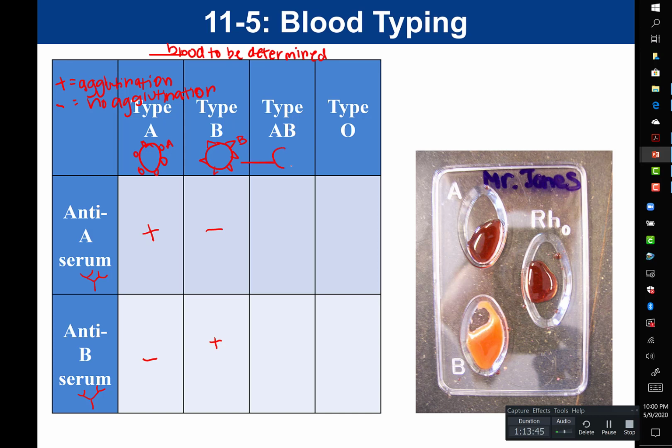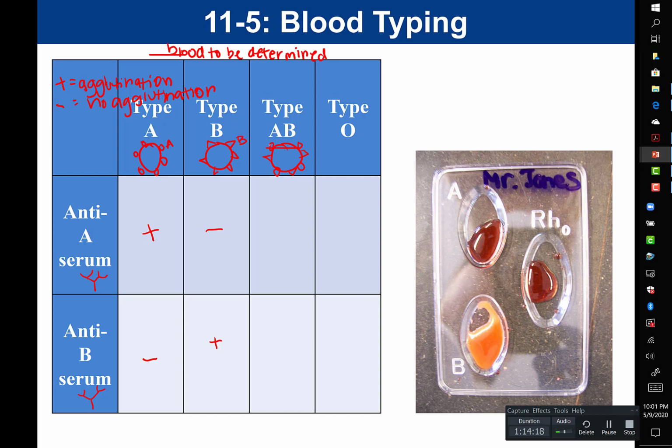AB. Remember that AB blood has both A and B carbohydrates on the surface.